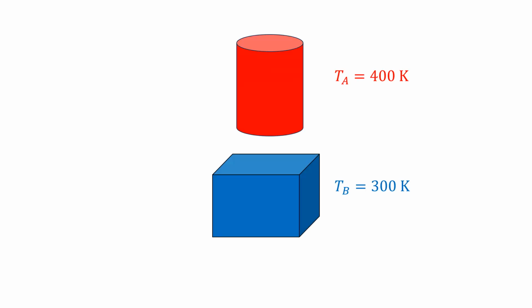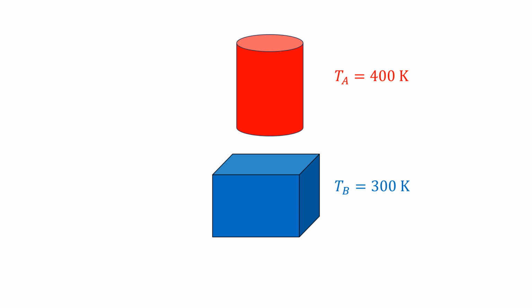So let's take a real simple picture. We have object A, a cylinder, which is hot, at a high temperature of 400 Kelvin, and a cube, B, which is cold, at a temperature of 300 Kelvin. That's a pretty significant difference of 100 degrees between the two objects.